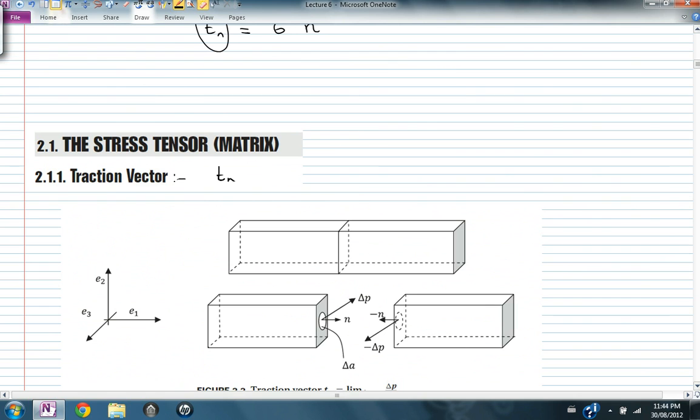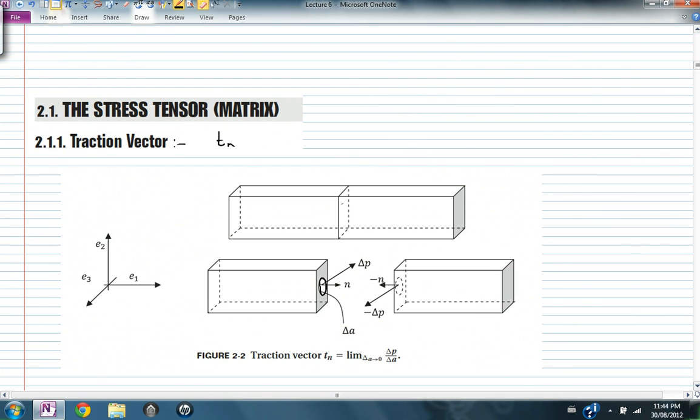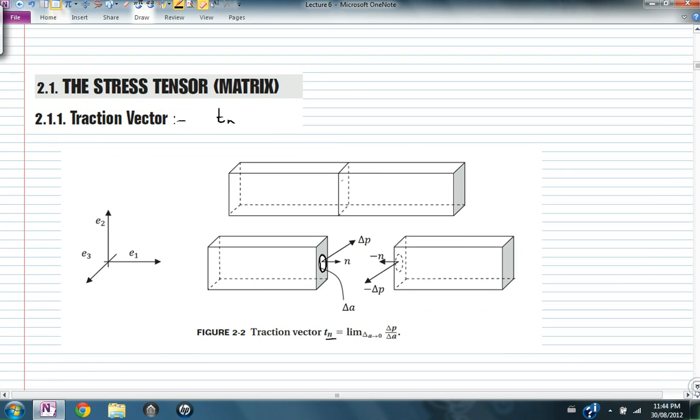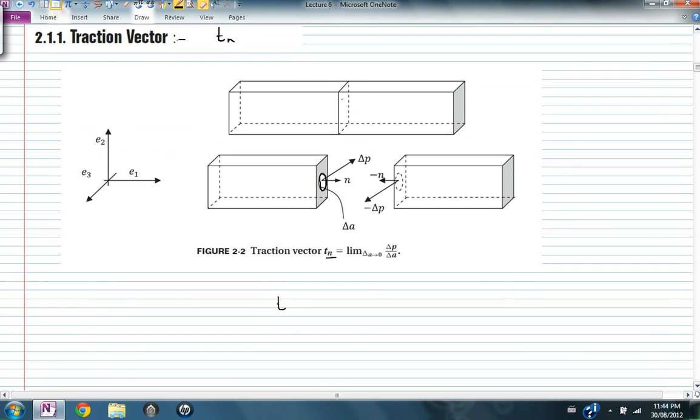If I have a beam and I separate the beam at a certain plane, and then I look at a very small area on that plane, and I say that the forces acting on this area are a vector called delta P, and if the area of this plane is equal to delta A, then the traction vector is equal to the limit as this area goes to 0 of delta P over delta A, which will be a vector Tn1, Tn2, Tn3.